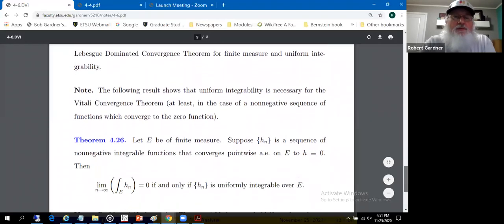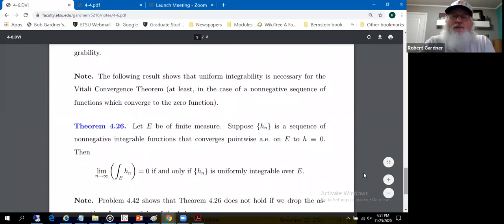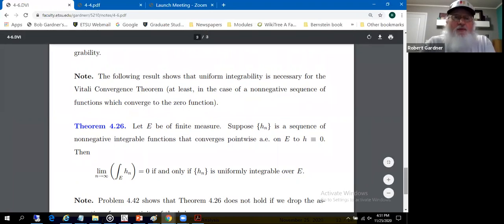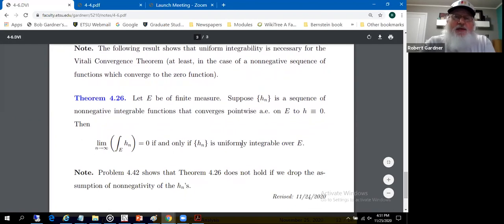Next result shows that the uniform integrability is necessary in the Vitali convergence theorem, at least in some particular case. So in general, we can't eliminate the uniform integrability. What theorem 4.26 says is, let E be of finite measure.